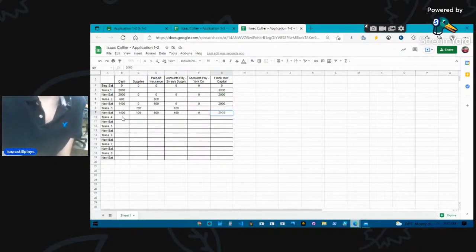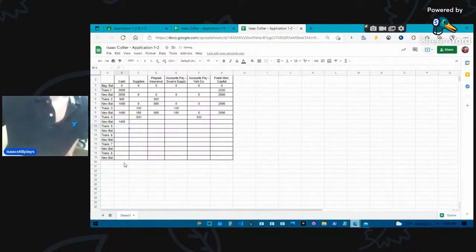Yeah. All right, transaction 4, you bought supplies from York Company this time. It's 500. And you bought supplies, so now what happens to cash? It stays the same. So we're going to put 1,400, new balance.